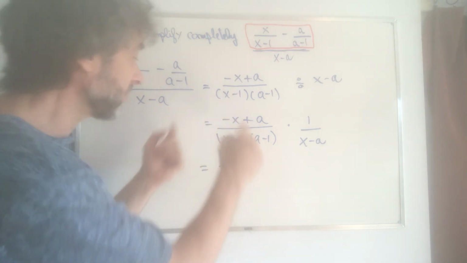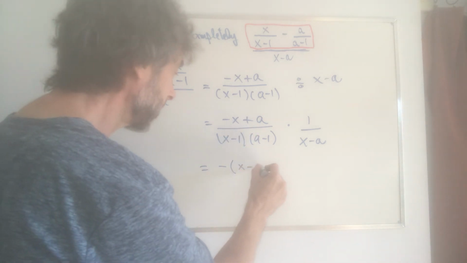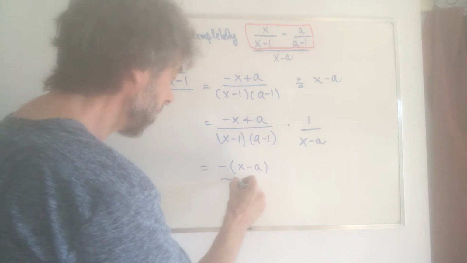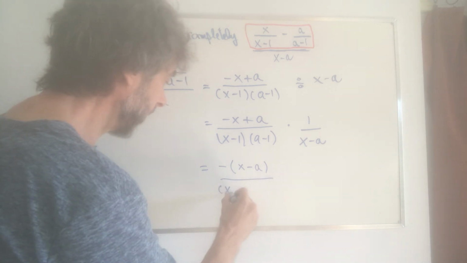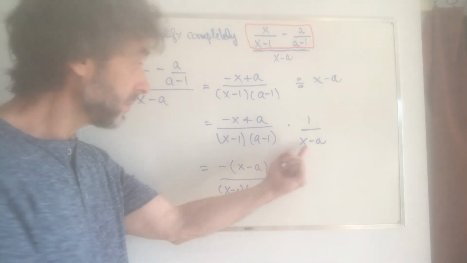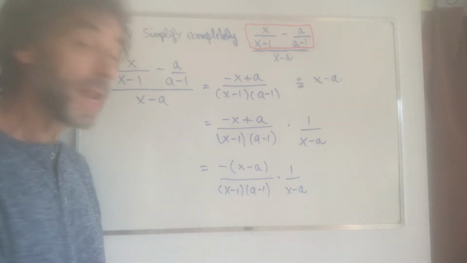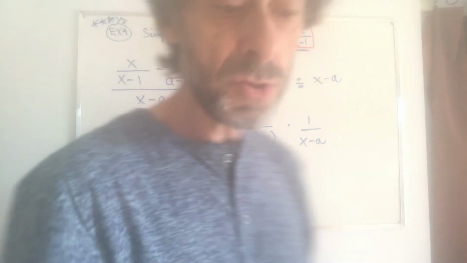Pulling out a minus from minus x, I get x. Pulling out a minus from plus a, I get minus a. Oh, that looks quite good. So a minus 1 times this guy, 1 over x minus a. And now I have a top-bottom simplification, don't I?